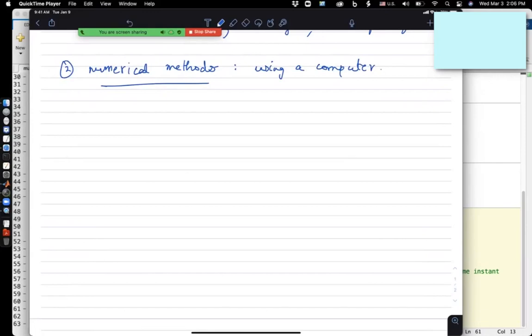And there are, I want to say, 1,000 books on how to solve ordinary differential equations using a computer, and thousands of different methods, on just this topic.